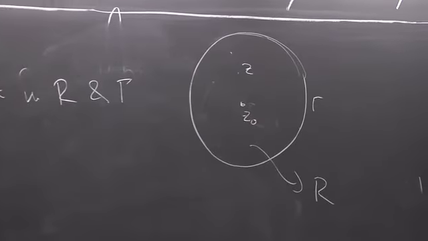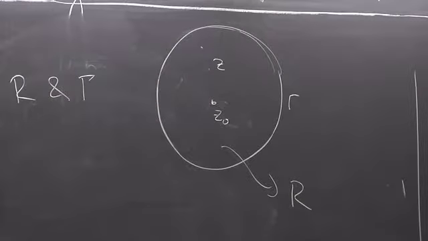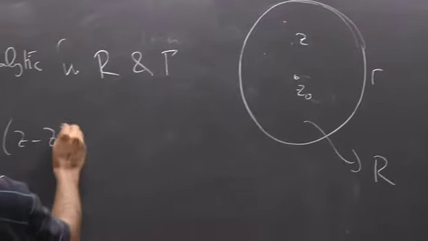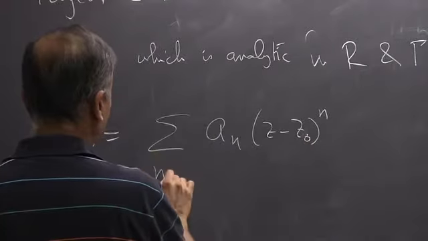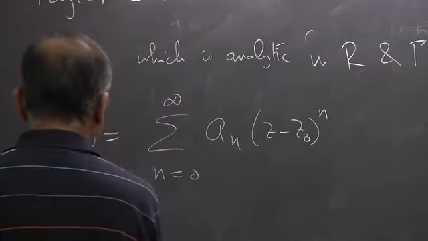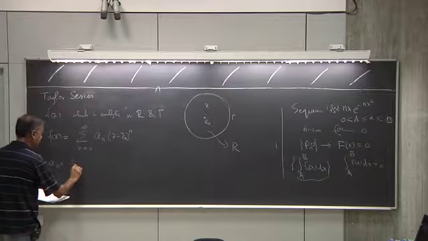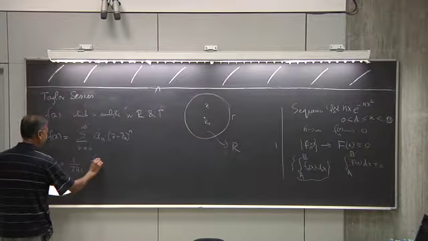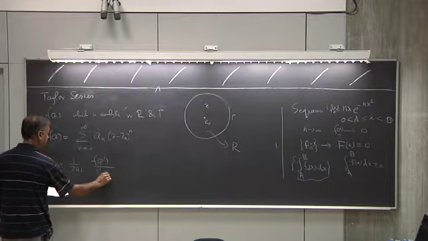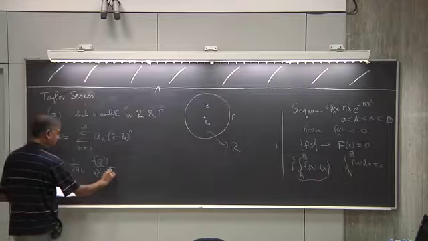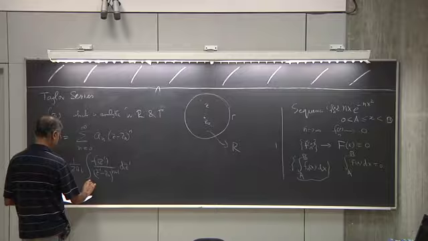Then this f of z can be expanded in the following way: the sum of a n times z minus z0 to the power of n, n going from 0 to infinity, where a n is 1 over 2 pi i times the integral over gamma of f of z prime over z prime minus z0 to the power of n plus 1, dz prime.